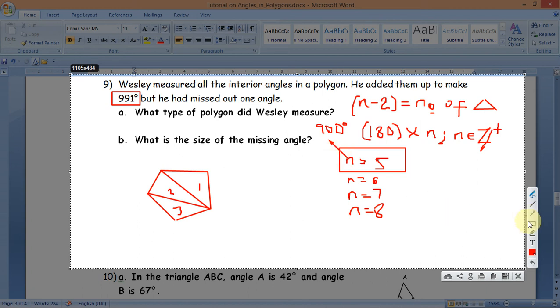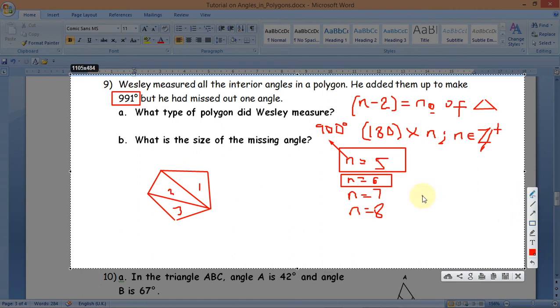That is above. This is what we should be looking at, because you can't work with something below, since we are told by the examiner that Wesley missed out one of the angles. So the sum should be more than 991, and the next possible sum is 1080, when n equals 6.